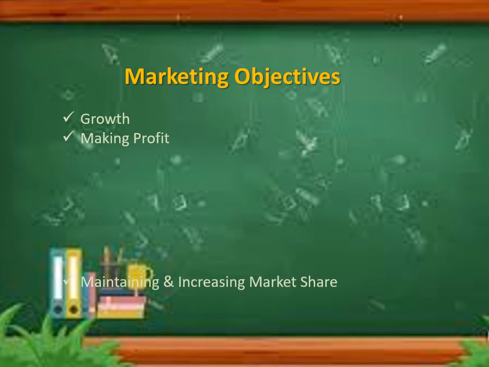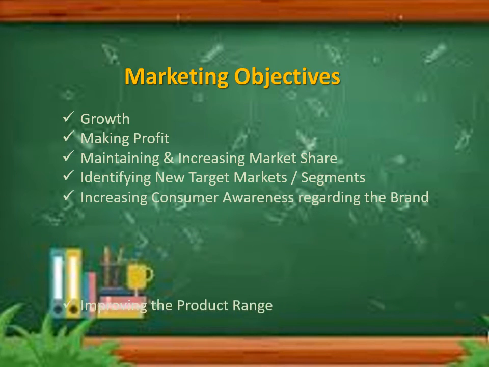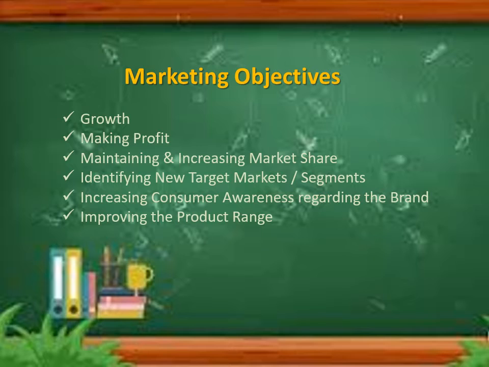And as we've just talked about the growth cycles, marketing revolves around achieving growth objectives, making profit, maintaining and increasing market share, identifying new target markets or segments so that you could achieve your growth patterns, increasing consumer awareness regarding the brand, improving the product range, working on improving the brand's image.